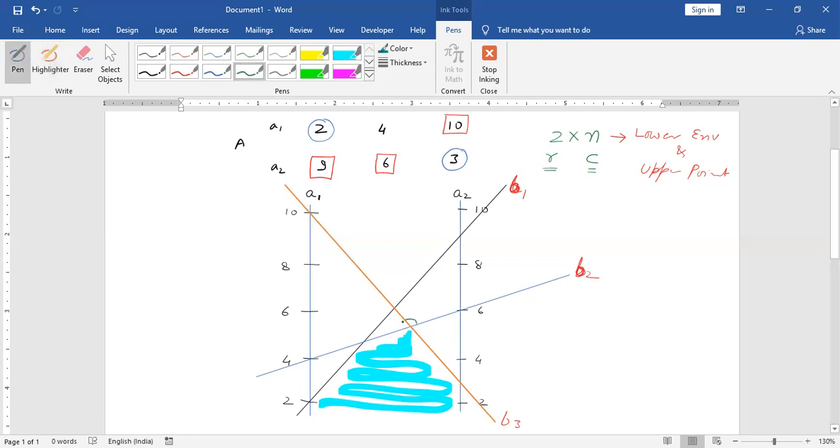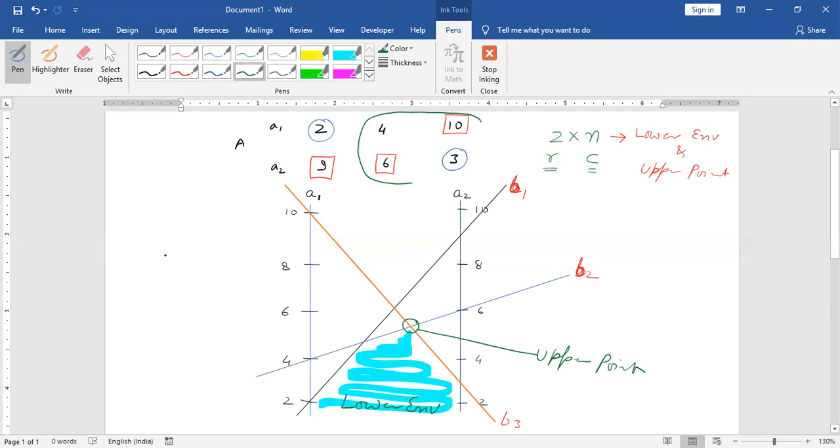So this point is known as the upper point, and this is the lower envelope. The lower envelope and upper point are made with the help of B2 and B3. So we will take this combination, B2 and B3.